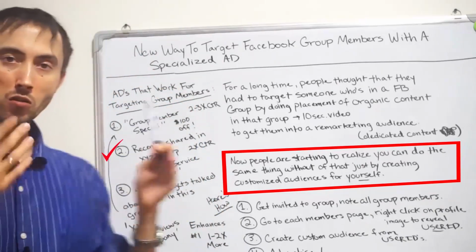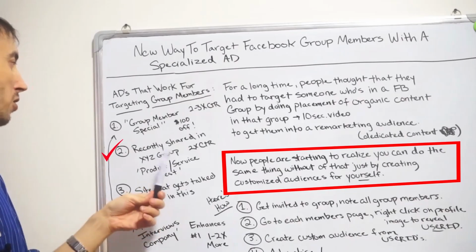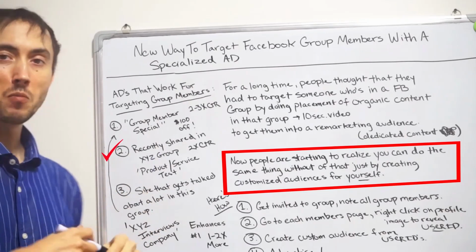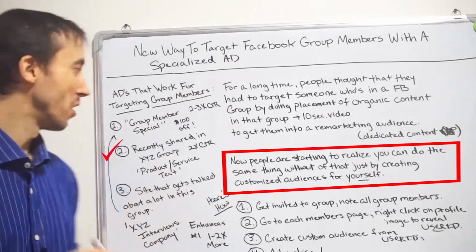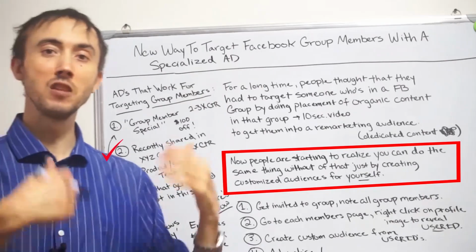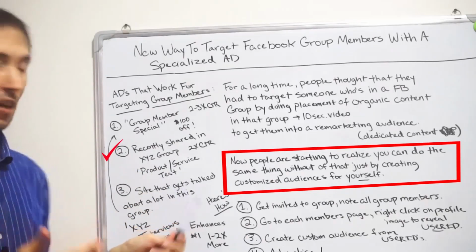So that's like a go-to that you can use that I found works on a regular basis. And again, just by targeting the same people, but not using recently shared in XYZ group, you're getting half the click-through rate than if you did mention the group like that. Okay? So you get the general idea.